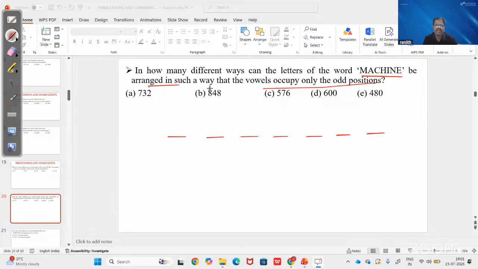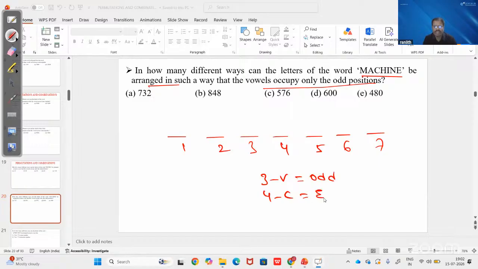Out of 7 letters, how many vowels? 3 vowels and 4 consonants.